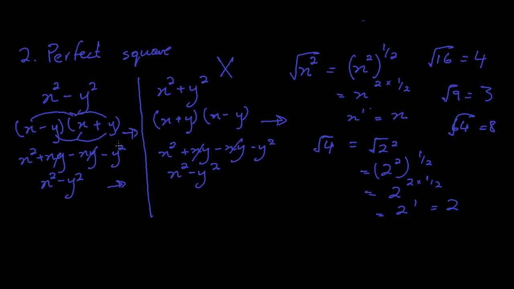So for example, even if this was put this way, minus y squared plus x squared, you can still use the perfect square rule since one of these terms is a negative. What you will simply do here is rearrange it to look like this.